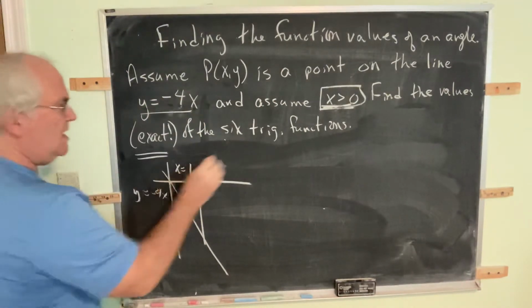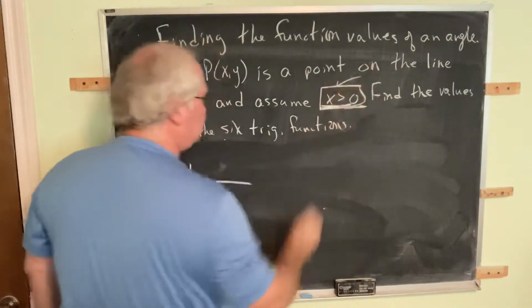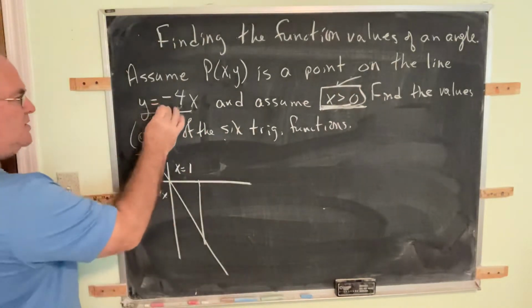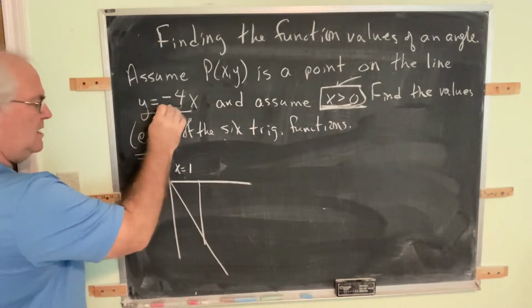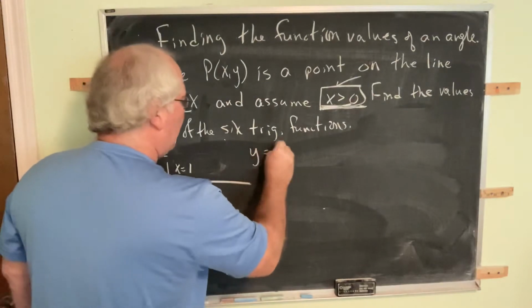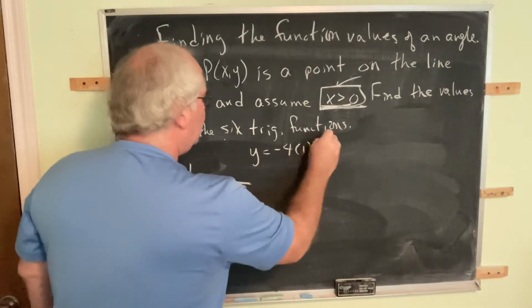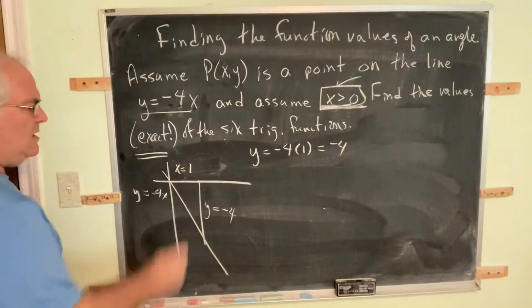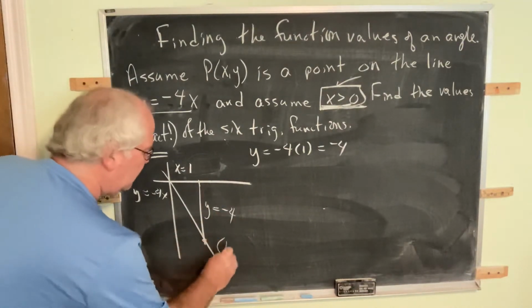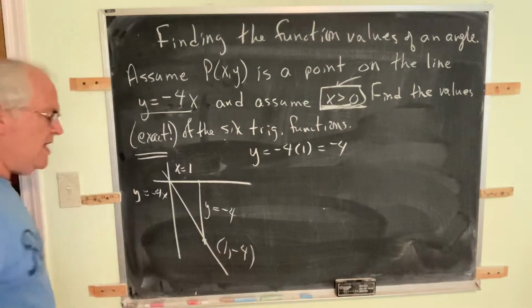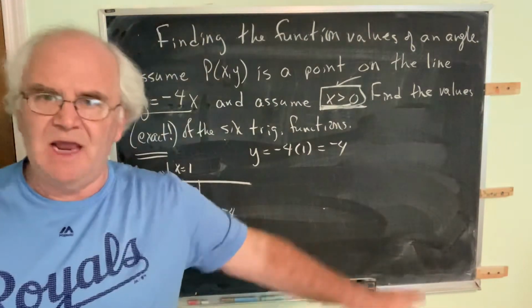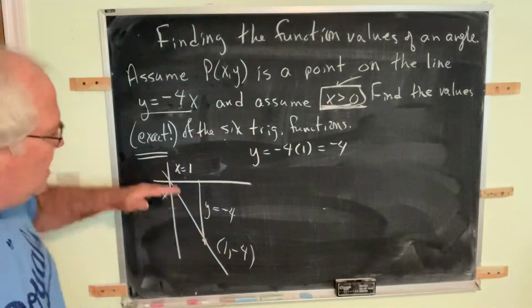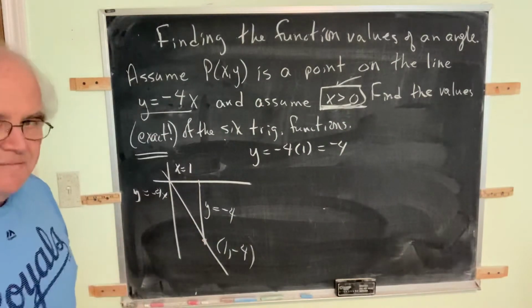Now, this has met this requirement. So yes, I've checked off that requirement, but we also have this condition to be met. And so we can compute the y value. That's negative 4 times 1 is negative 4. So I have y is equal to negative 4. So my point I've chosen is 1 comma negative 4. This is now the same as all the other problems we've done where you've been given a point.